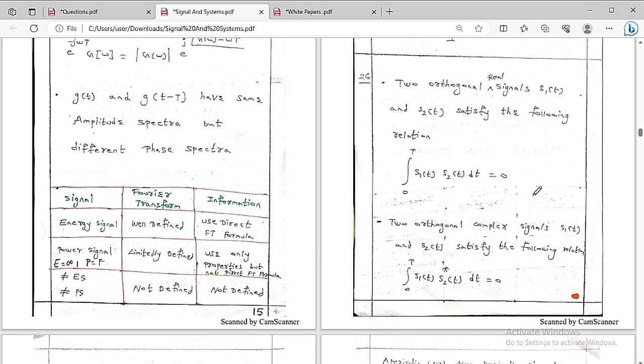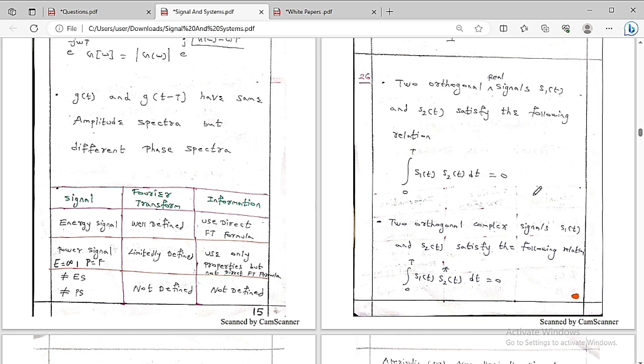So finally, if there are two real signals S1(t) and S2(t) that are orthogonal in a time period of 0 to T, then the condition they satisfy is the integration from 0 to T of S1(t) times S2(t) dt is equal to 0.